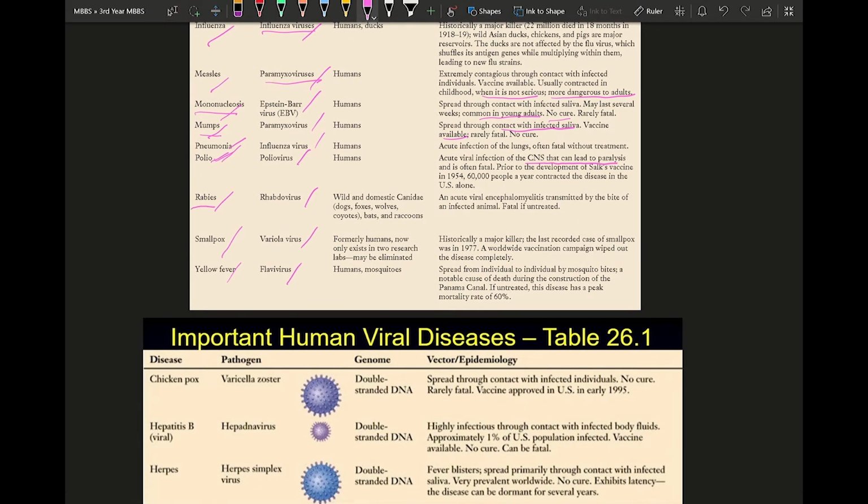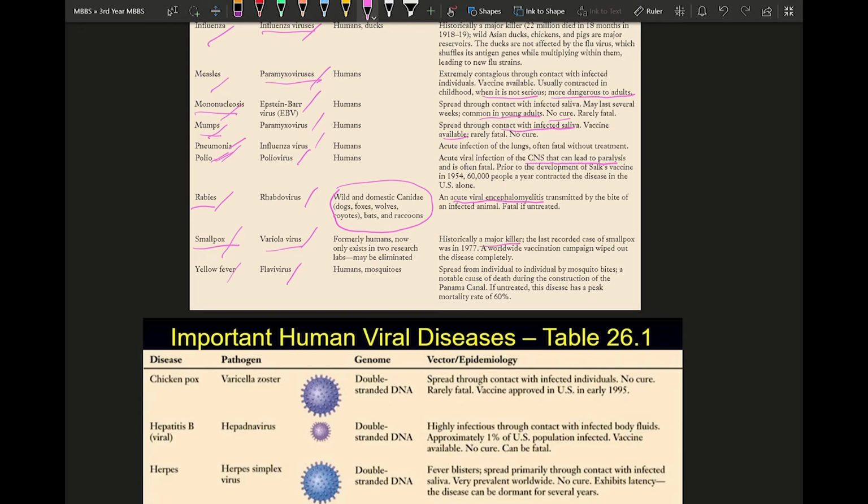Then rabies, from wild and domestic animals like dogs, foxes, wolves, raccoons, coyotes, and so on. It causes acute viral encephalomyelitis. It affects the brain, so you have some weird symptoms like hydrophobia, and you start behaving in strange ways. That's about rabies. Then smallpox, caused by the variola virus. It is present in humans.